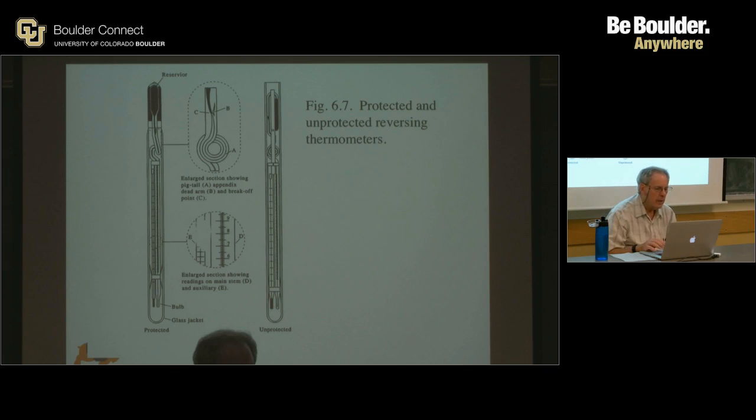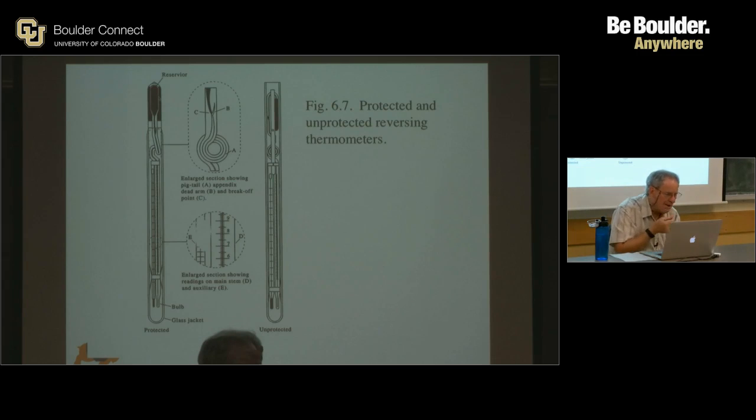So what they would do is this thermometer had what was called the pigtail appendix, because it looked like a pig's tail, curly. When it would be reading, it was actually upside down. So this is the reservoir there. When you put it in the bottle, you put it in this way.